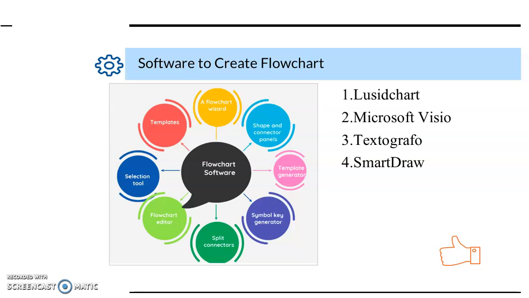Over here, I have given a list of software to create a flowchart: Lucidchart, Microsoft Visio, Edraw, and SmartDraw. Besides that, in this figure I have given the functionality provided by software to draw a flowchart, that is a flowchart wizard, symbol key generator, split connectors, flowchart editors, and extras.